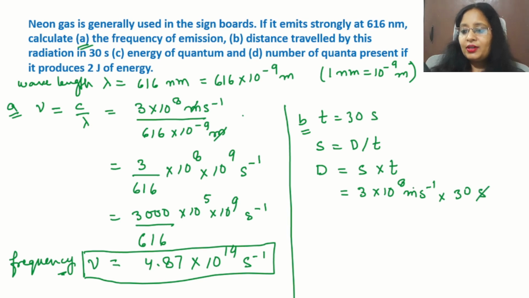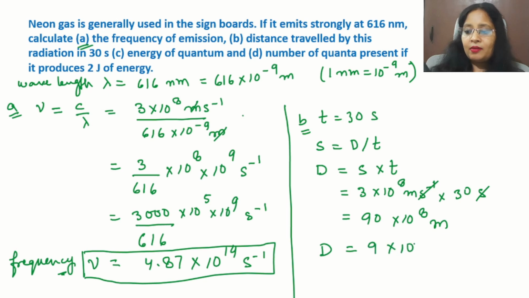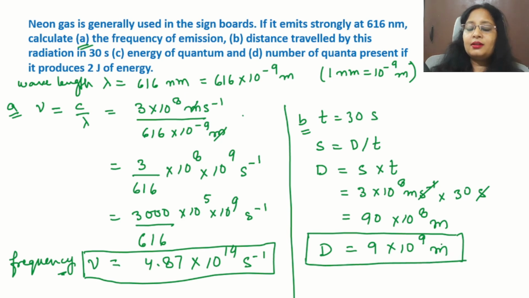Now second will cancel out with per second, and 3 into 30 is 90 into 10 to the power 8 meter, or we can write the distance D is equal to 9 into 10 to the power 9 meter. We shift the decimal 1 step leftward and will add 1. So this is the answer for the B, the distance traveled by the radiation.